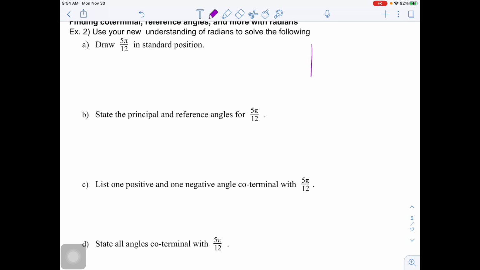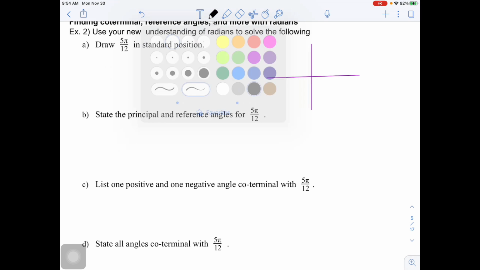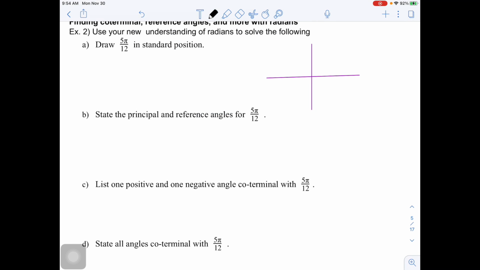So first of all, at the moment, we don't have a ton of tools. We're going to gain a ton of tools in the next month here when we learn way more about trigonometry. But at the moment, our toolbox is pretty small. So all I really know in radians is that this is 0, this is pi over 2, this is pi, then we have 3 pi over 2, and then 2 pi.